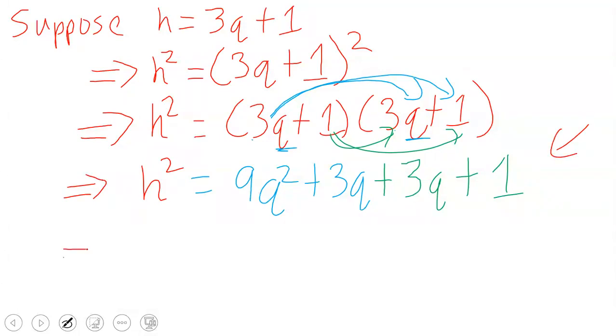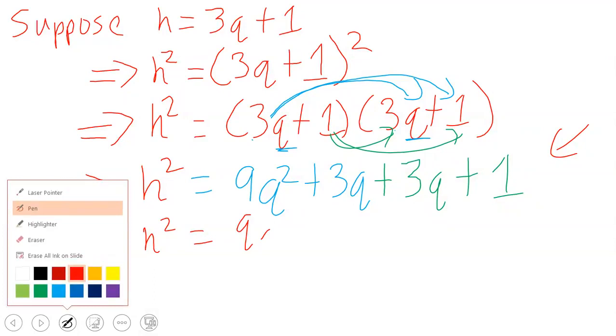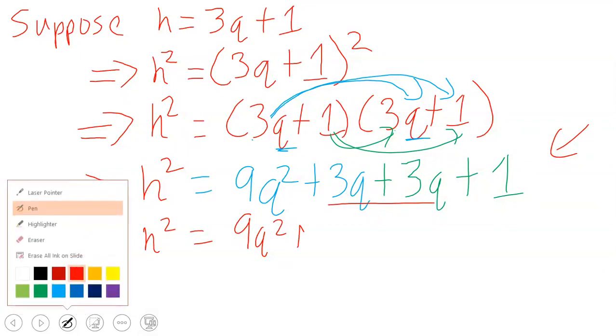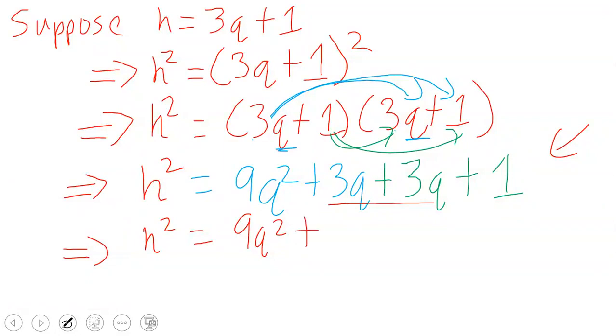All right, so let's continue to simplify. Now we have h squared equals 9q squared. Now 3q plus 3q is indeed 6q, so we have 6q plus 1.